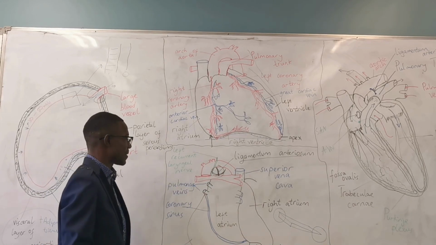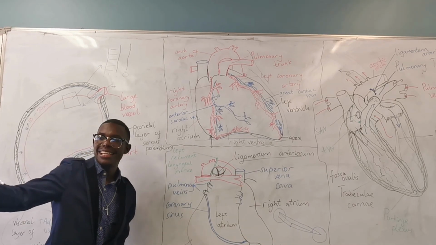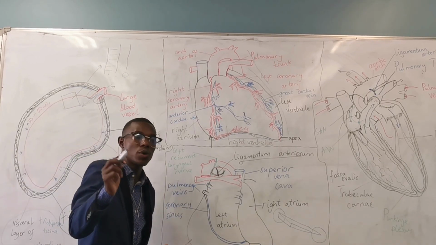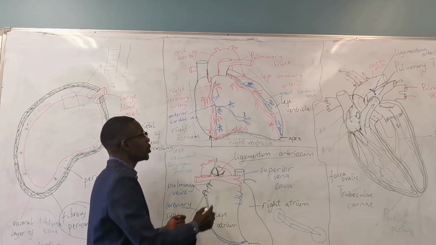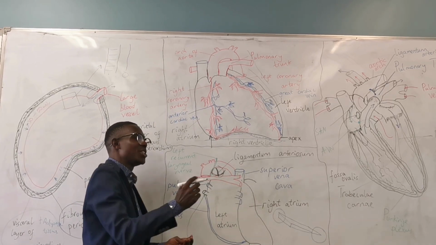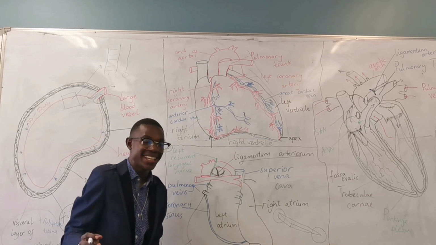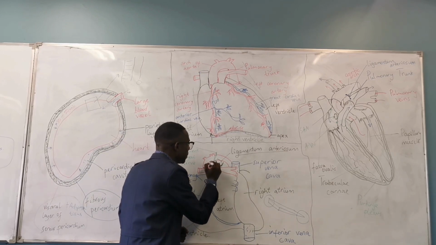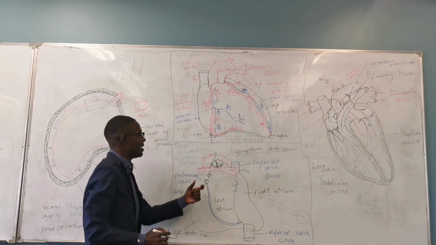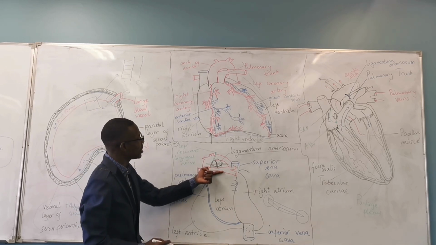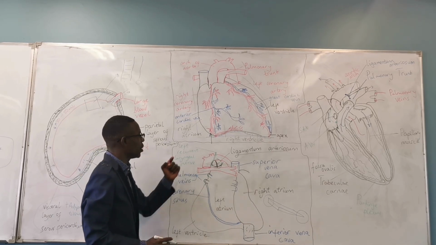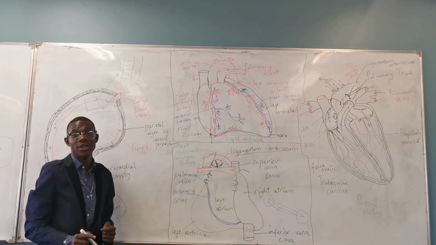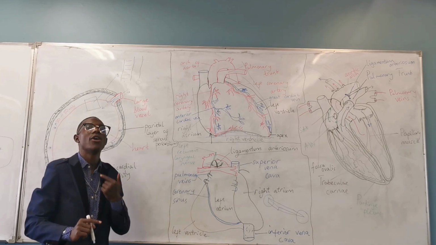So if we have defects, let's say that you have persistent ductus arteriosus, where the body failed to close the ductus arteriosus, you're going to find that during surgery, where we are going to separate the ductus arteriosus from the pulmonary artery and the arc of the aorta, you need to take note of this because you can damage the left recurrent laryngeal nerve, and that is going to affect phonation.